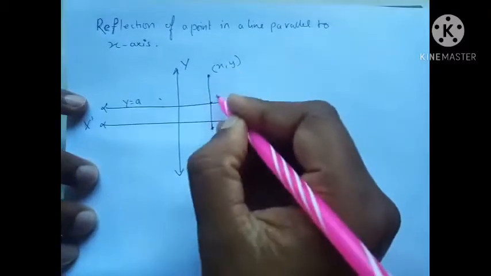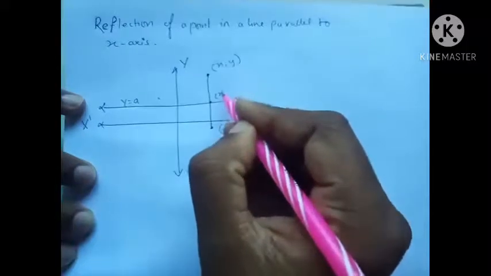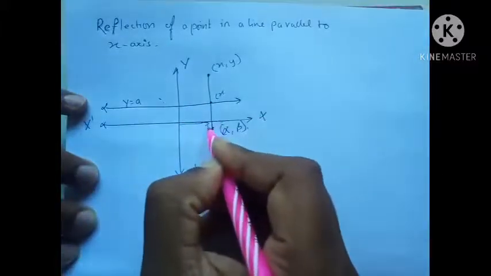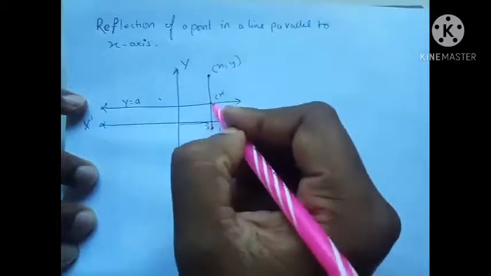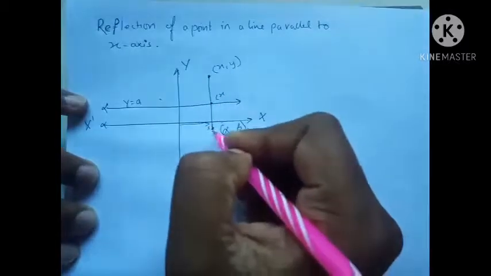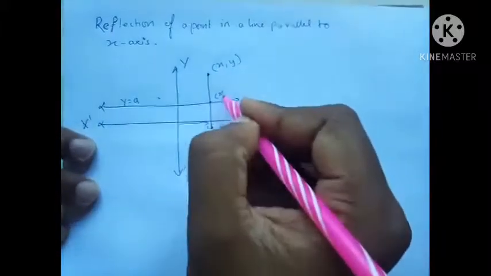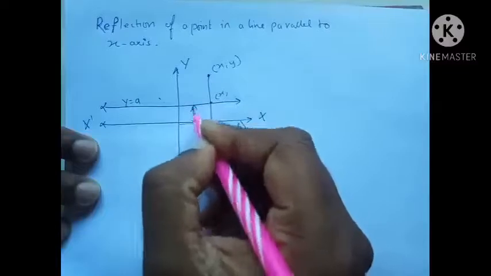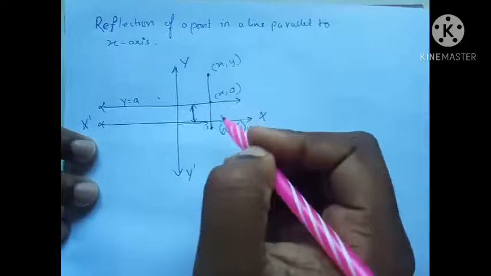The midpoint is only going to stay x because it's on the same line. For example, this is 3, and this is 4. So 3 comma 4, this is 3 comma 2, this is 3 comma minus 1, something like that. But the x value will remain the same. So that's why x comma, and how much is it from here to here? It is a. So I'm writing the name of this point as x comma a.